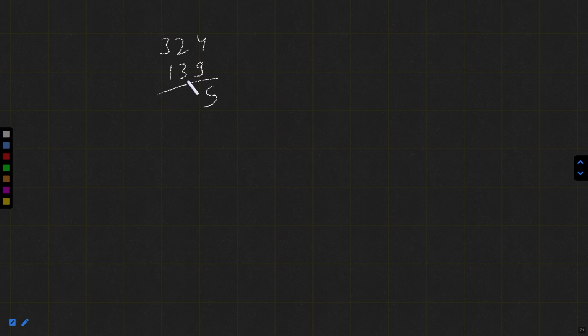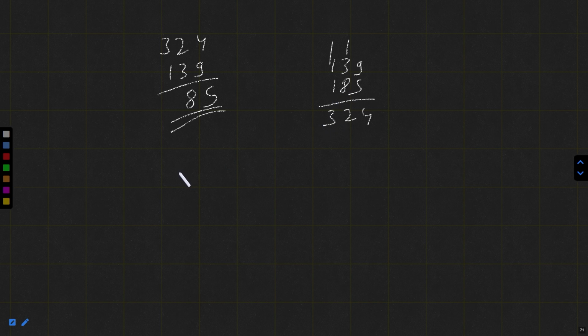Here it is 5, here it is 8. Okay, so the value is 85. I hope this is clear to you, because 139 and 85, which is 4, 1, 2, 1, which equals... Okay, so 3.